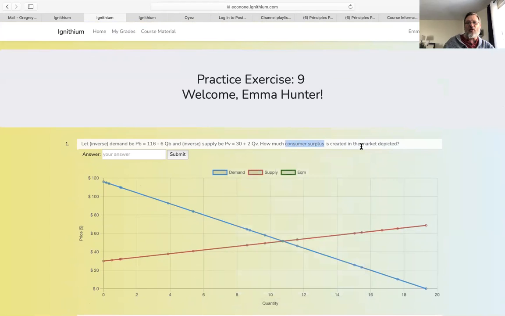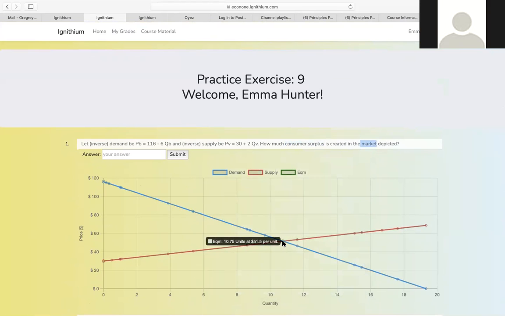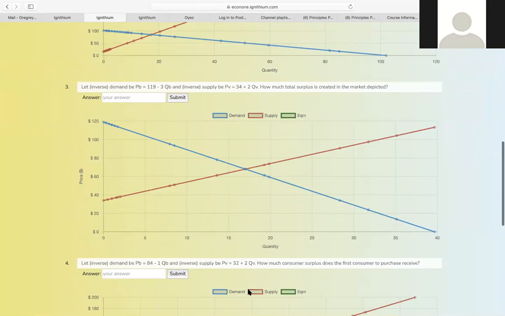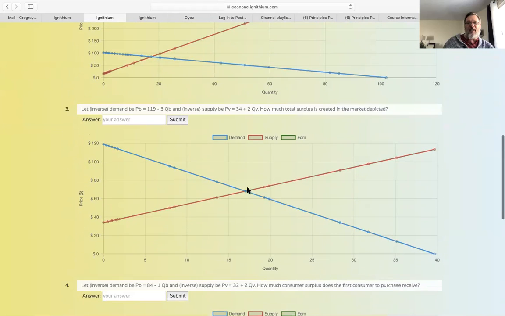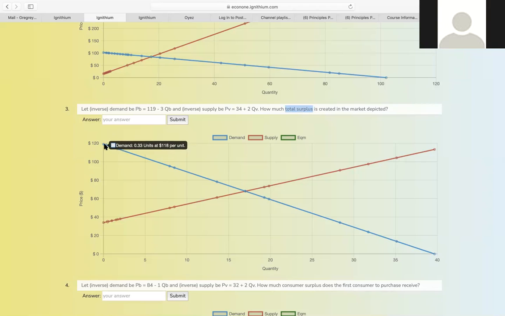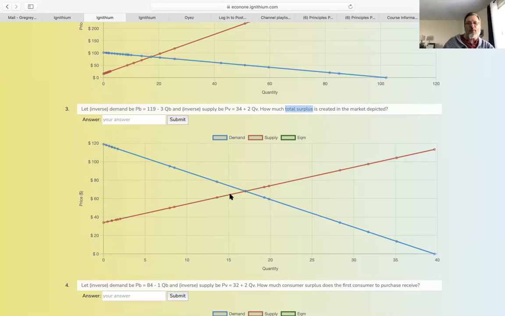This one is consumer surplus. That's the triangle. But the total surplus would be the total triangle, basically. Yeah, so this one is total surplus, right?